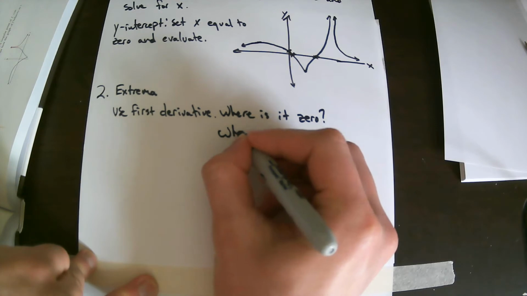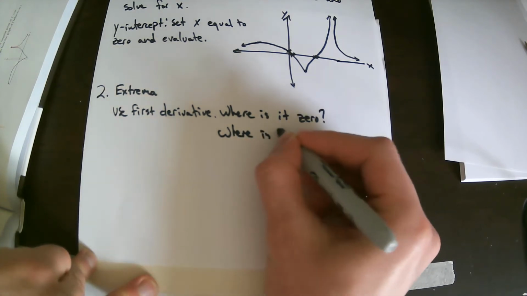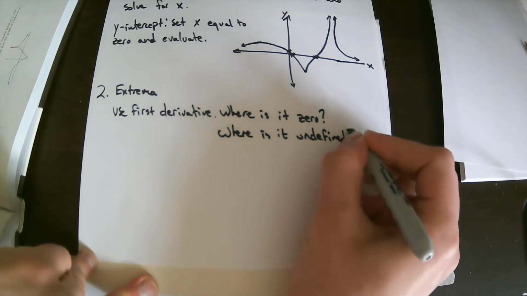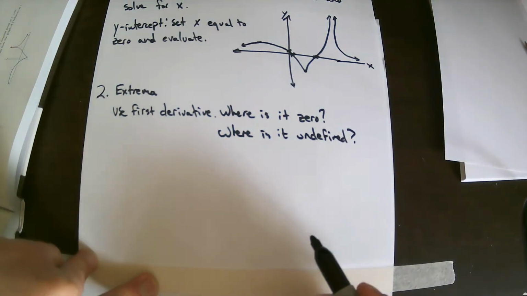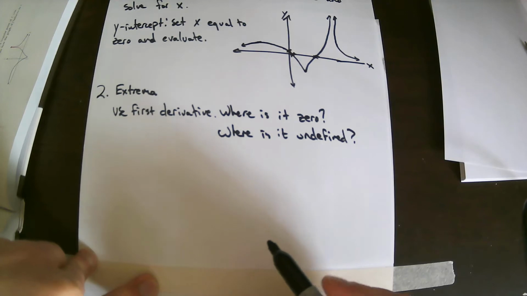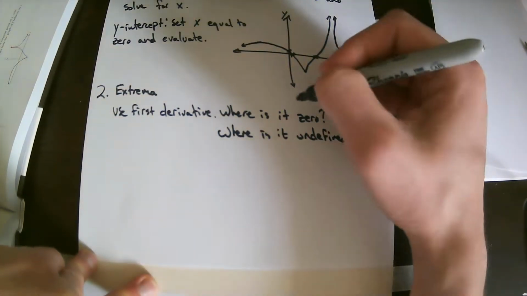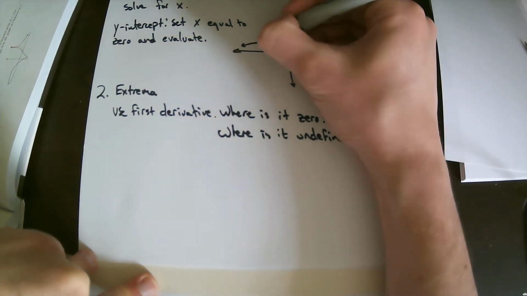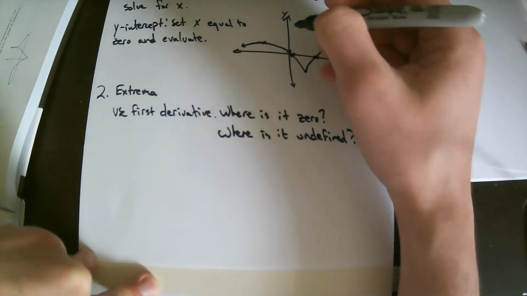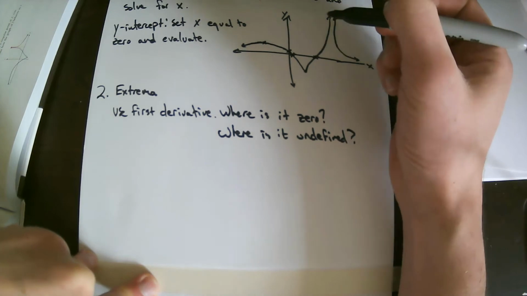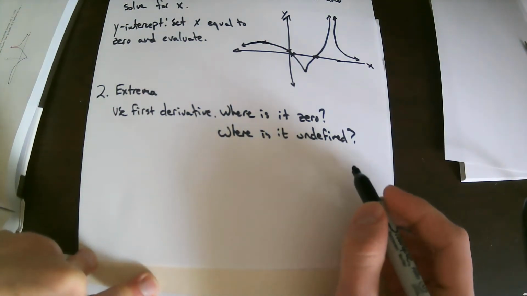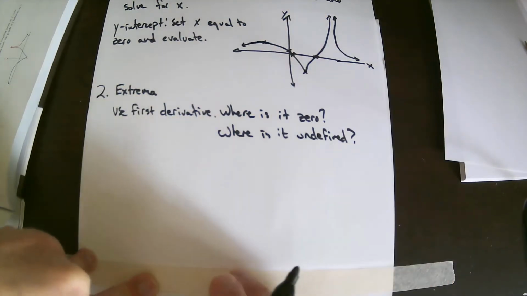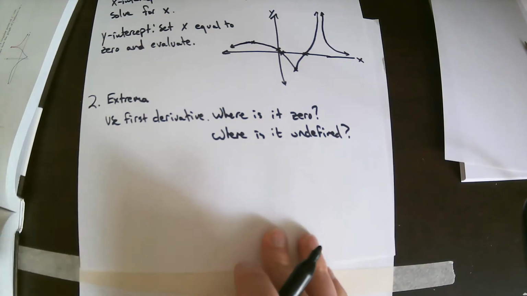Also, where is it undefined? And that's going to tell us about maxima and minima. So one of the 0 spots, where the slope of the tangent line is 0, or the derivative is 0, on this graph, maybe right about there. There's a relative maximum there. Where is this derivative undefined? Here's a little point right there, a little cusp where it's undefined.